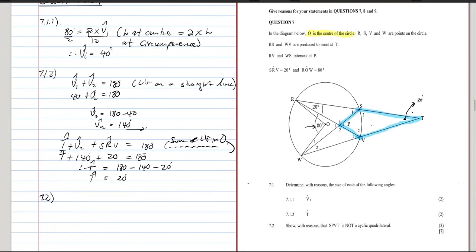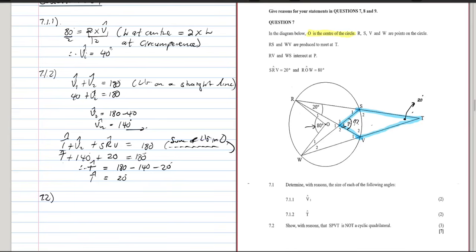We got 20 degrees. And then if I calculate P4, I can use the theorem which states that the opposite angles in a cyclic quad are supplementary. So if I calculate P4, then say maybe I get 80 degrees.